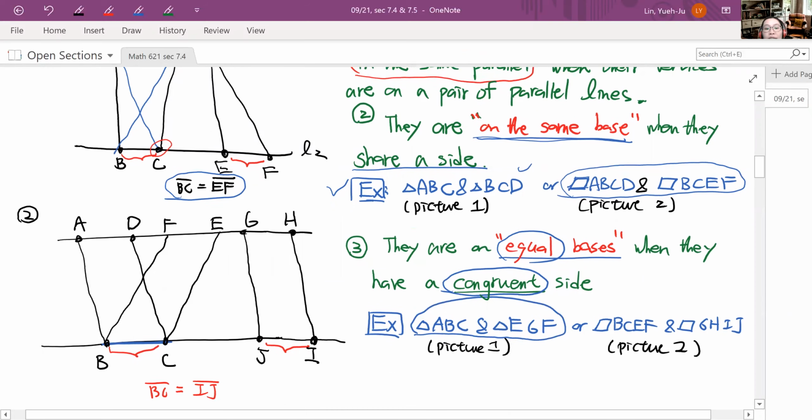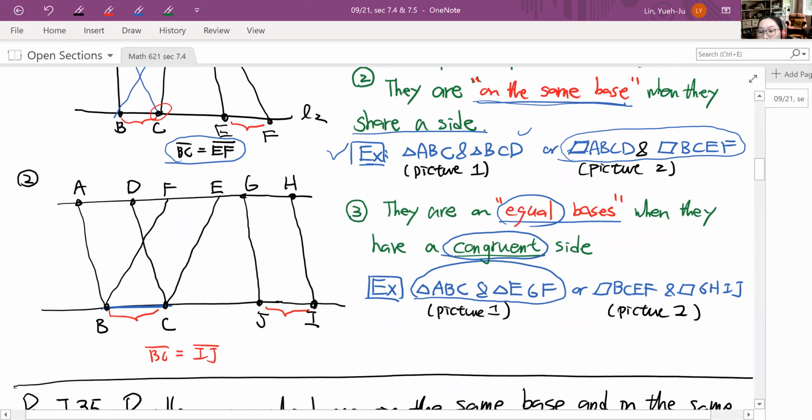The same thing applies to parallelograms. In the second picture, we assume the side BC is equal to IJ. So we say parallelograms BCEF and GHIJ are on equal bases. Please distinguish between on the same base and on equal bases.